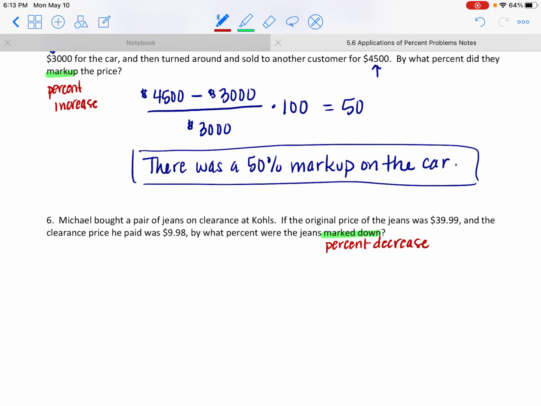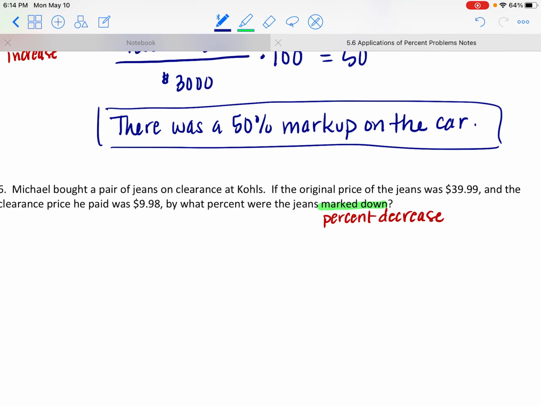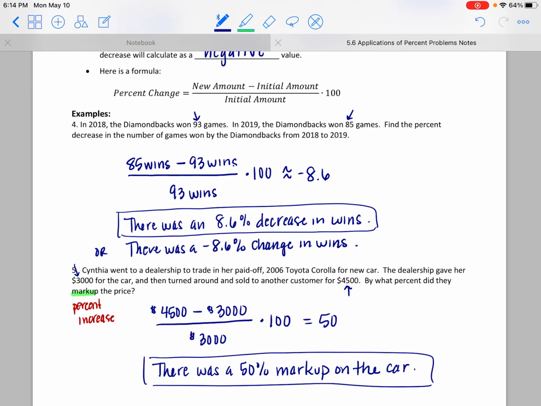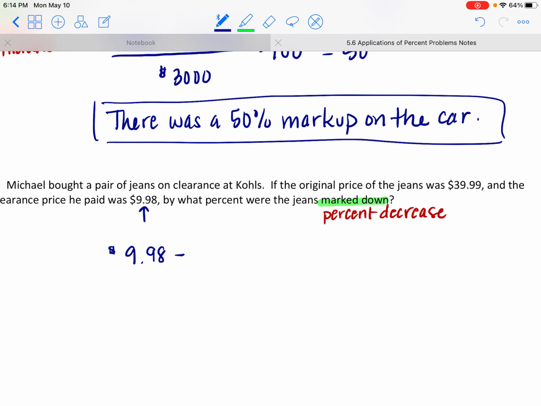Same formula. Okay, so we want the new price. The new price was $9.98. That's actually what Michael paid here. The previous, or the initial, make sure I'm consistent on my wording, the initial price of these jeans was $39.99. So $39.99. And again, I know this was marked down, so it makes sense for the larger number to be subtracted from the smaller number.